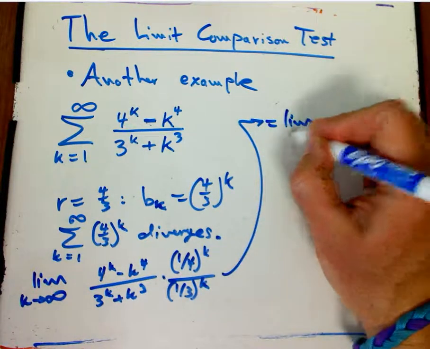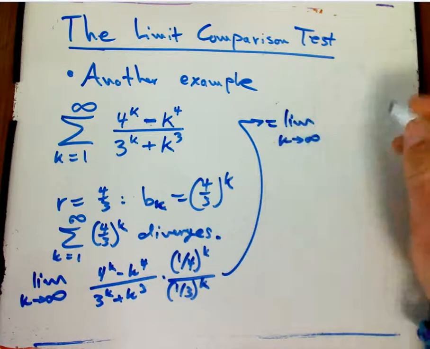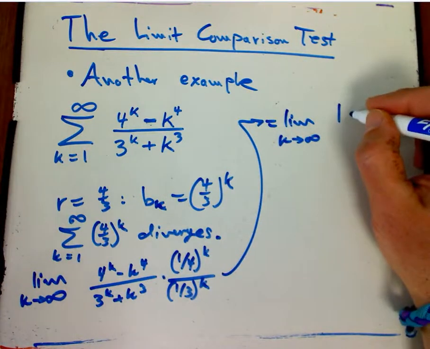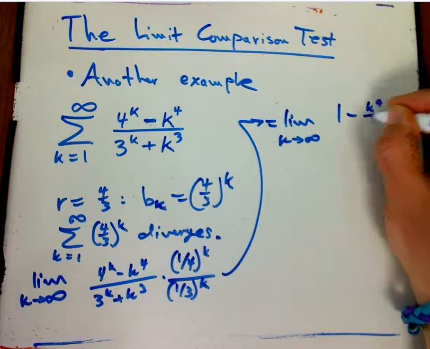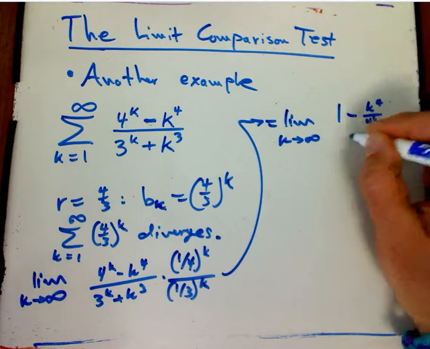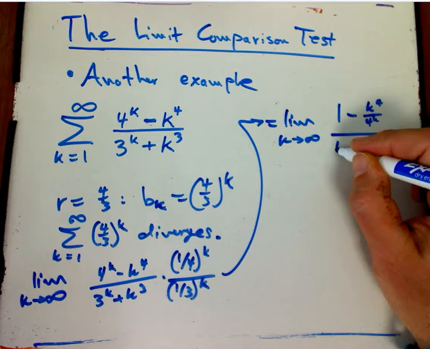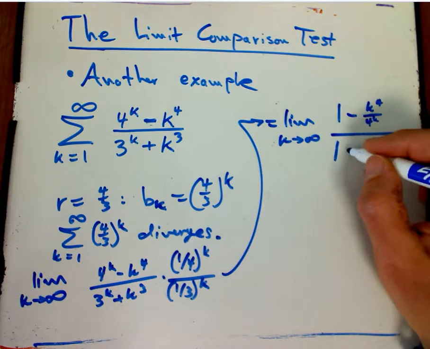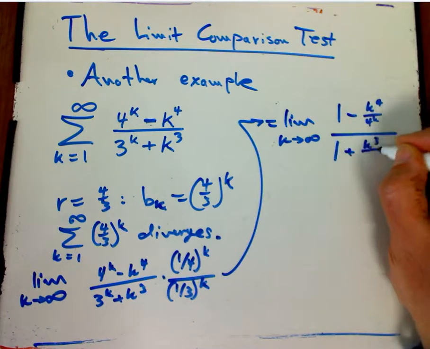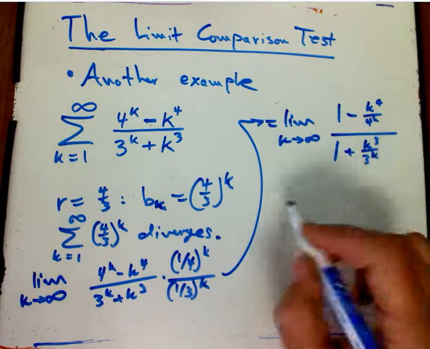That's going to be the limit as k goes to infinity of 1 minus k to the 4th over 4 to the k, over 1 plus k cubed over 3 to the k.